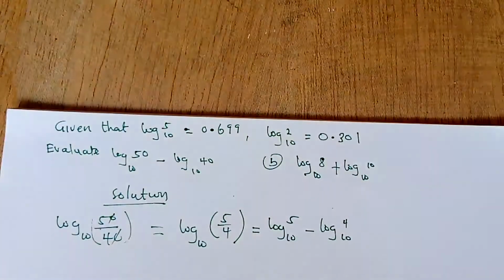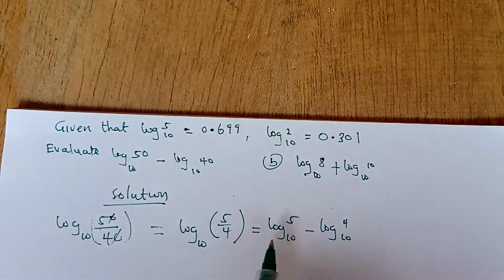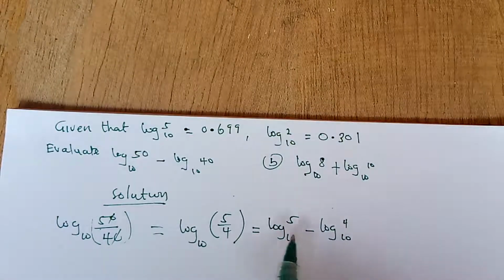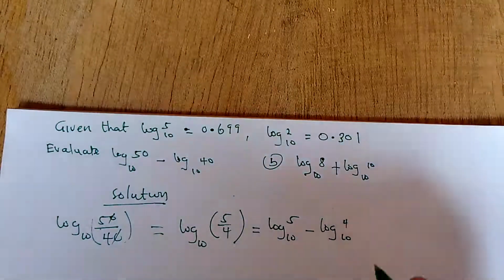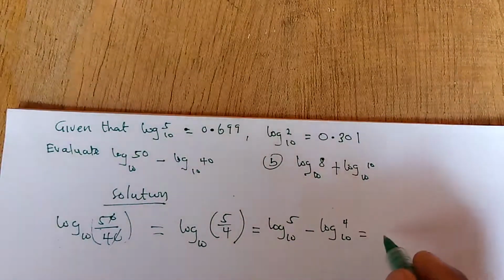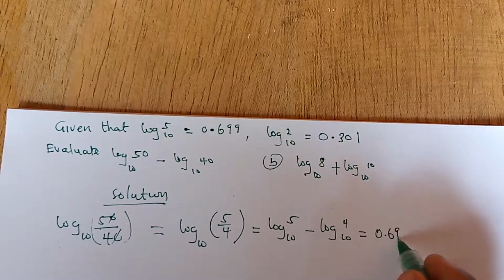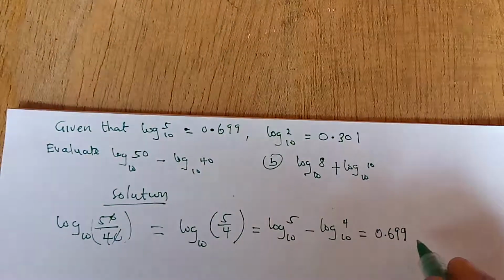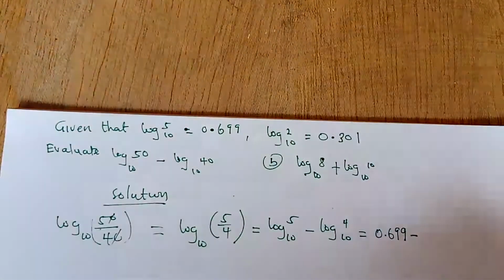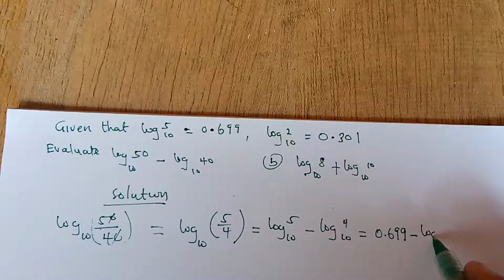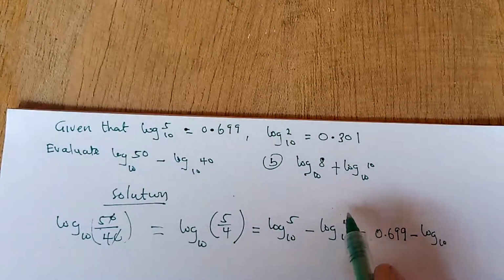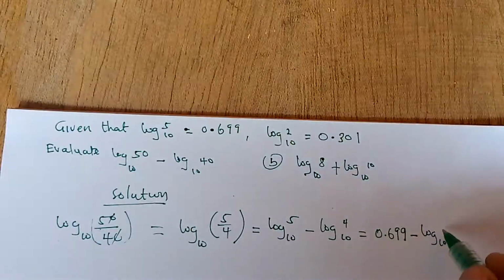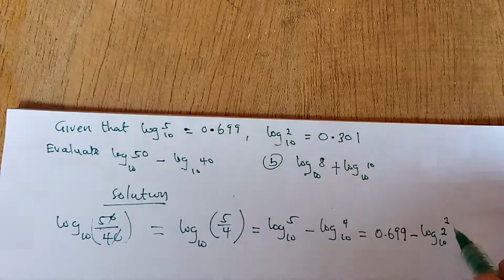One thing we should know here is that we know the answer to log 5 to the base 10 already, because it is 0.699. So I can confidently say that I have 0.699 minus something that I don't know, minus log 4 to the base 10. But this 4, we can break it down and it will be 2 raised to the power 2.